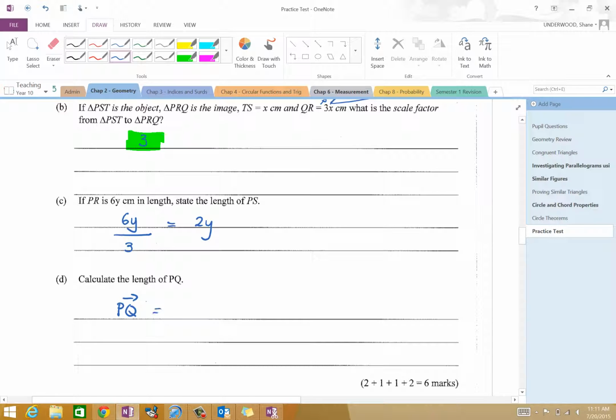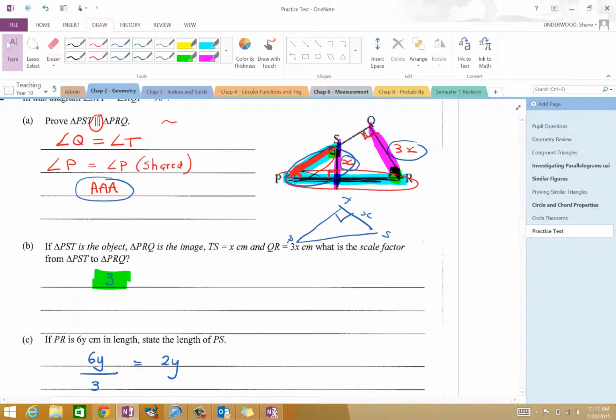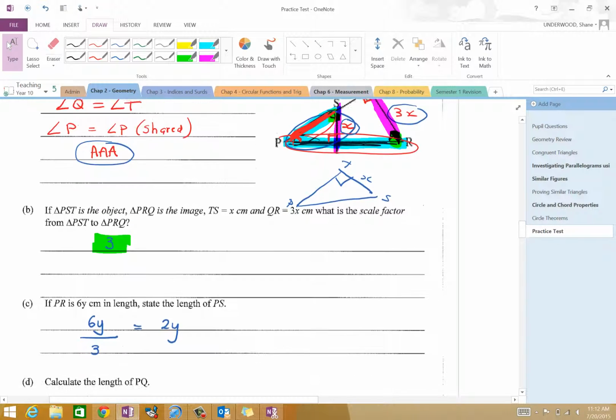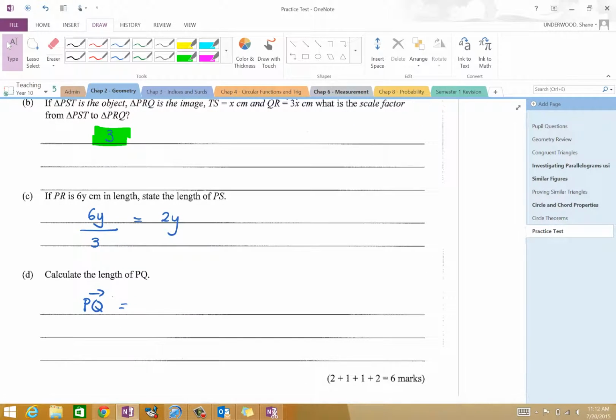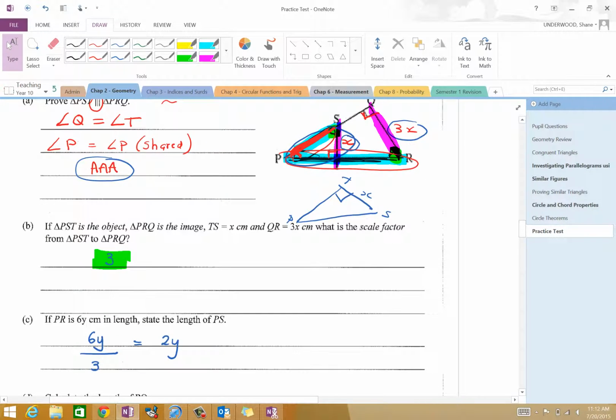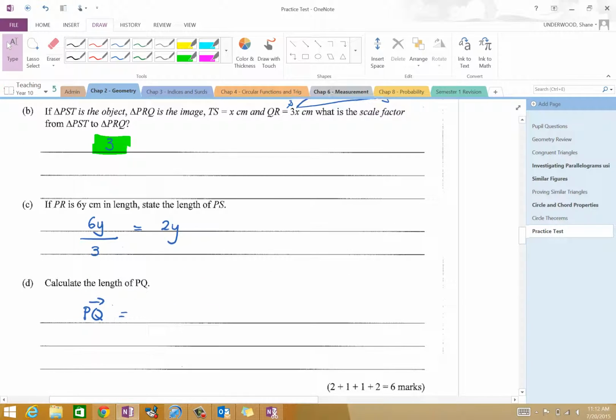Well, I guess we could use Pythagoras' theorem. Have we found PR? Isn't PR 2y? But if PR is 6y, yep, so PR is 6y. So we've got 6y squared.